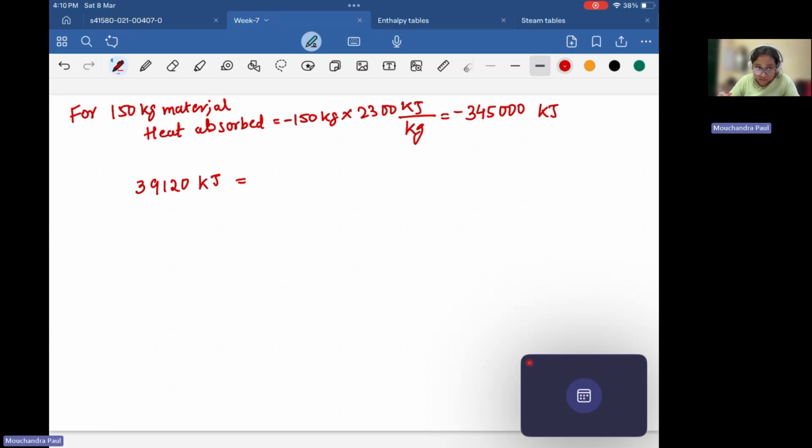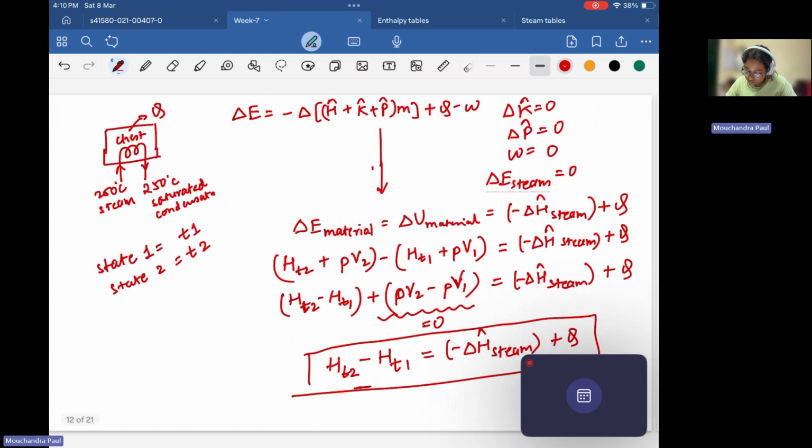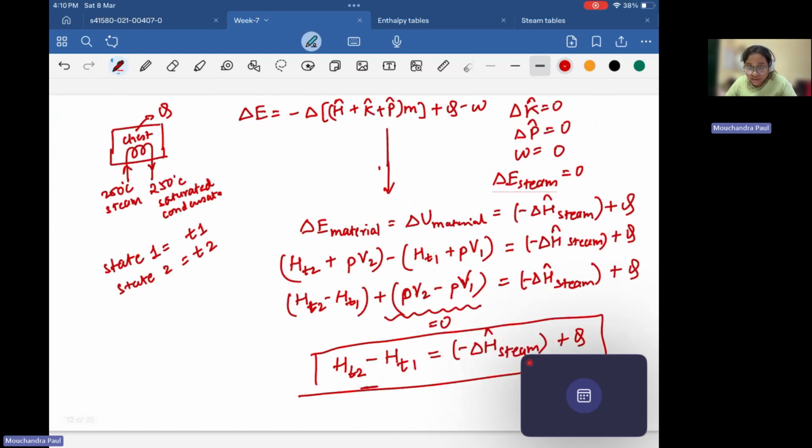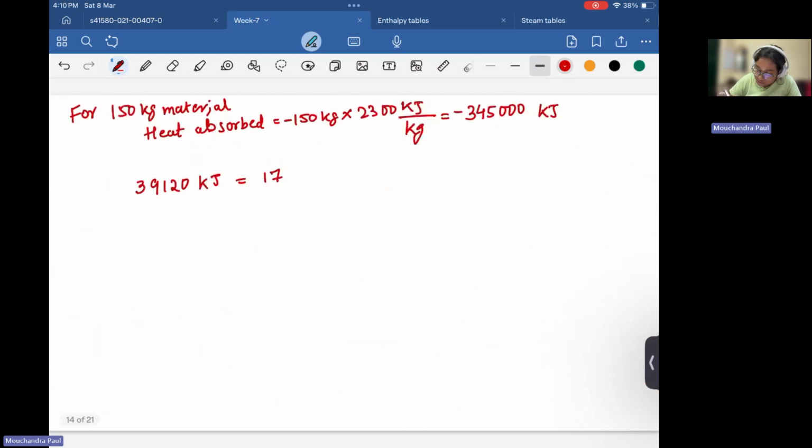Then the net change in enthalpy of steam that we got from the steam table is minus 1713. But since there is a minus sign in the initial equation, the final term will become positive, kilojoule per kg.